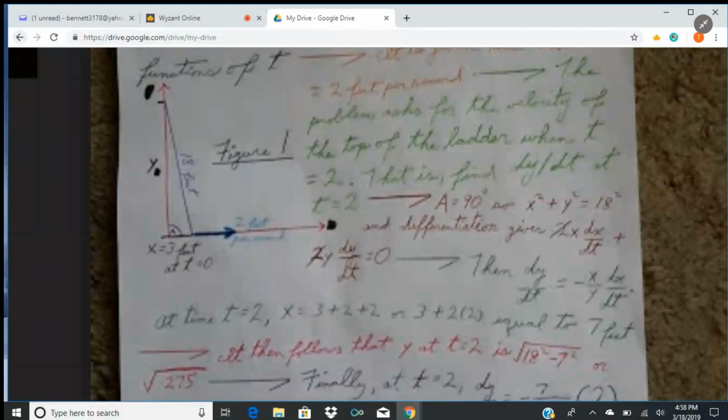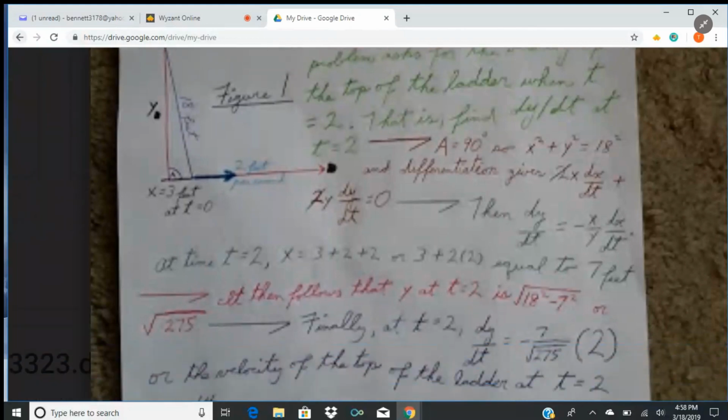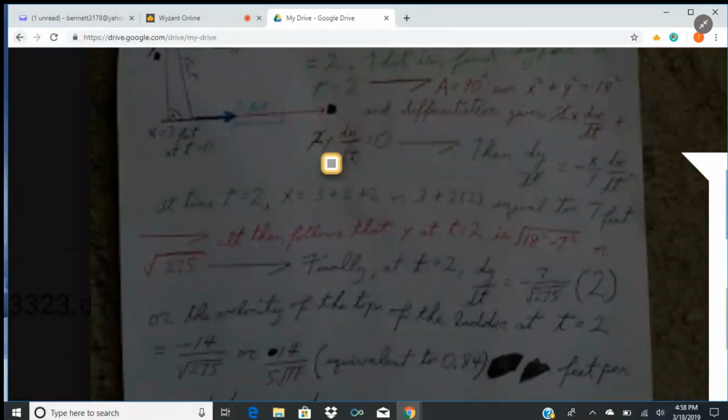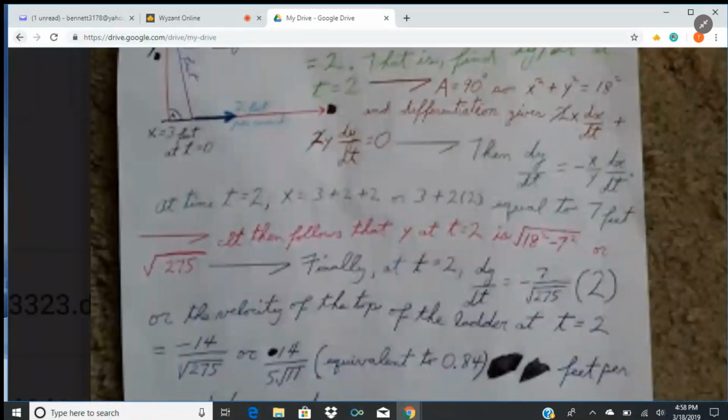And then we have dy over dt, because we divided by y. Again, you started out with y dy over dt, you transposed negative x dx over dt, and then divided both sides by y. So again, dy over dt is equal to negative x over y dx over dt.